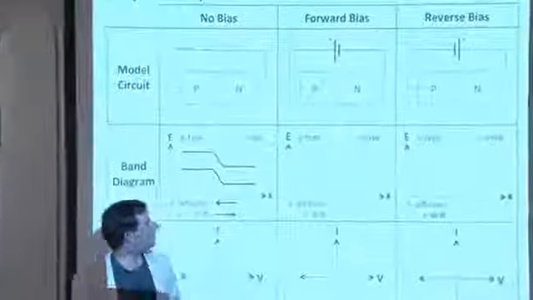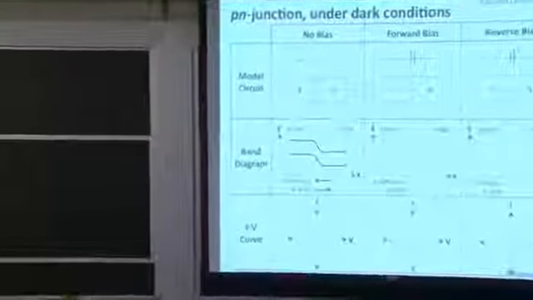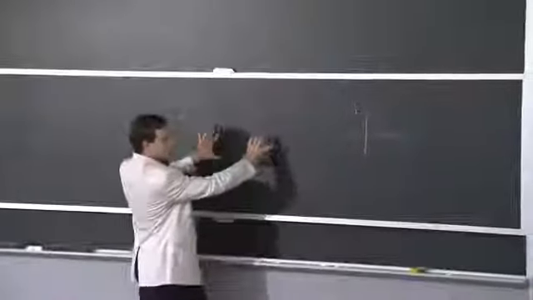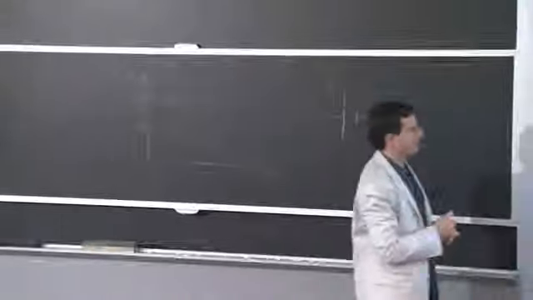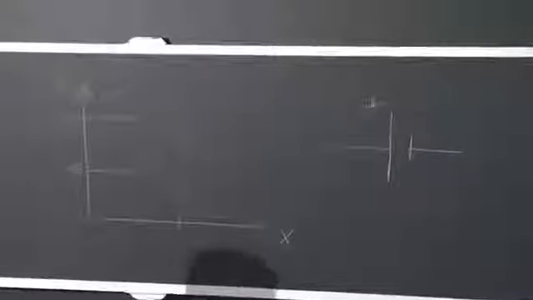If we forward bias our device and we inject electrons into this side right here, what would happen to our bands? What would you expect would happen? We'll prove this out in the next few slides. But I want to see how people's intuition is doing this morning.